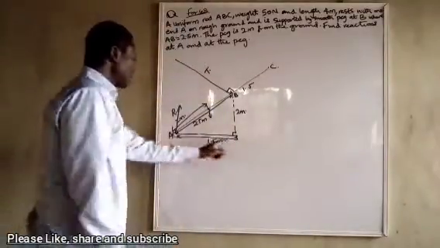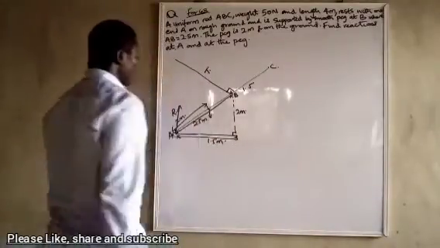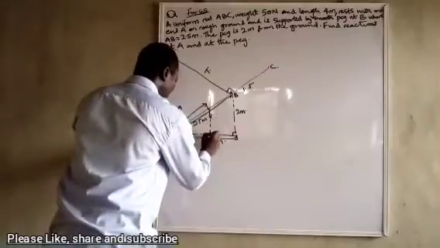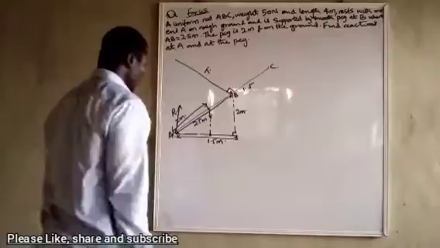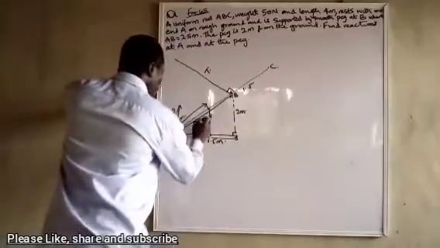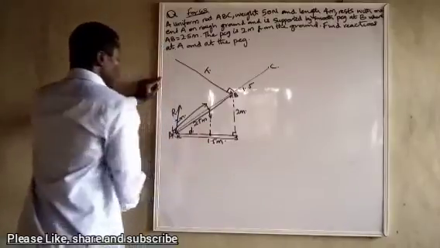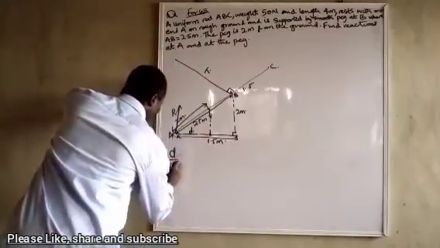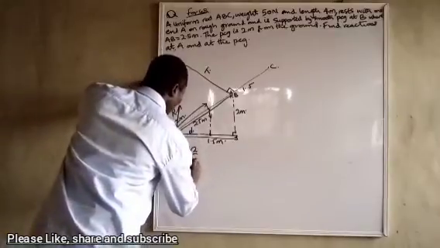So if this place is 1.5 for 2.5 meters, what will it be for 2 meters? I'm trying to find the distance of this place to this place so that we can take our moments conveniently. Therefore, let's call this place D. D over 1.5 is equal to 2 over 2.5.